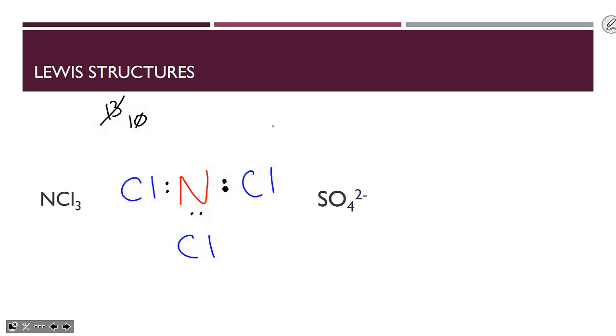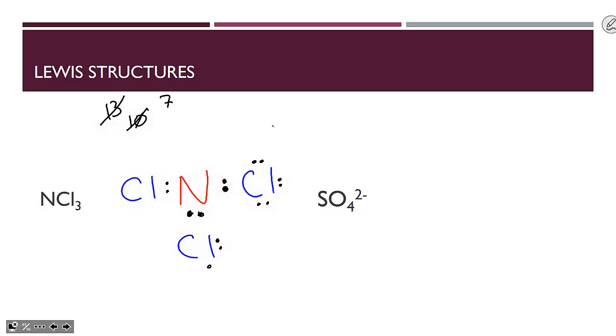So on the right side, this chlorine has 2, so here's 4, 6, 8 electrons around it, reaches the lowest energy state. Giving the chlorine on the right side its octet used up 3 of our pairs. We have 7 pairs left. On the bottom, we have 2 electrons already.